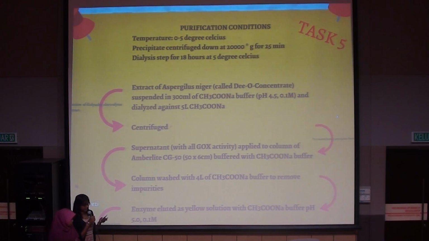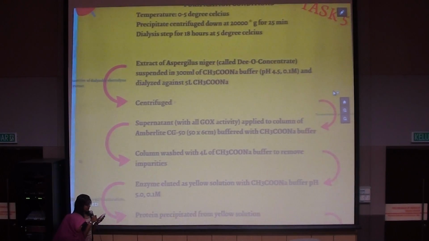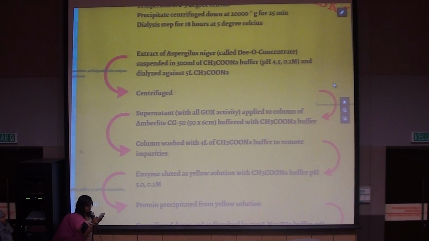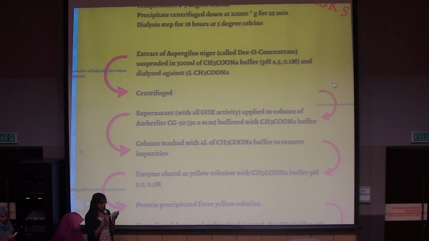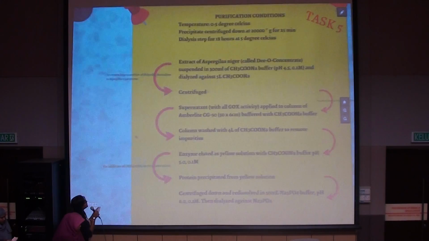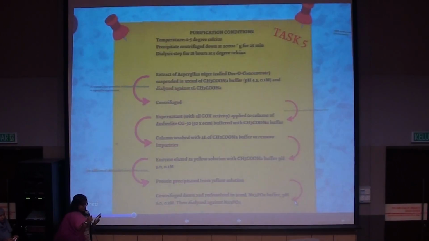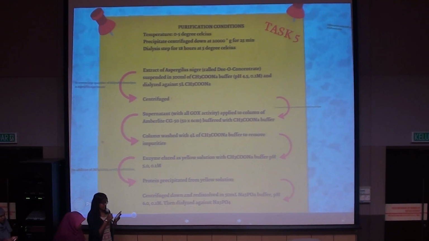Next, it is centrifuged to remove the brown precipitate. The supernatant is applied on an Amberlite column, which has been buffered with sodium acetate solution. Next, the column is washed with 4 liters of sodium acetate buffer, and the enzyme is eluted as a yellow solution.